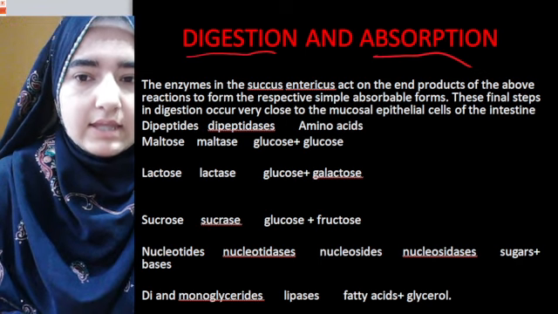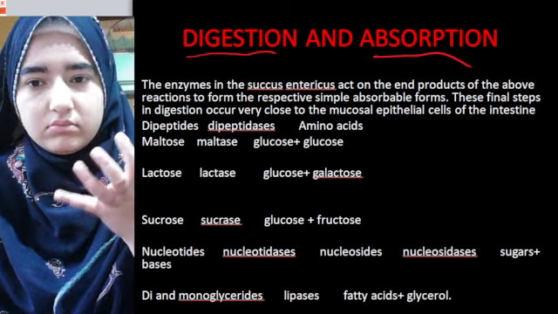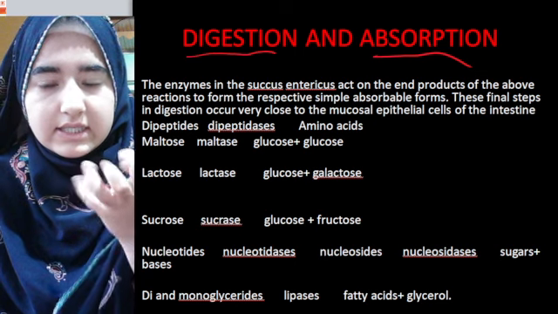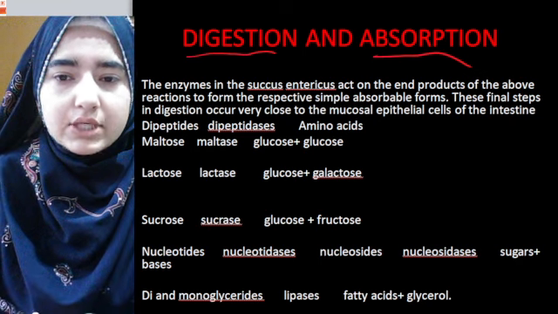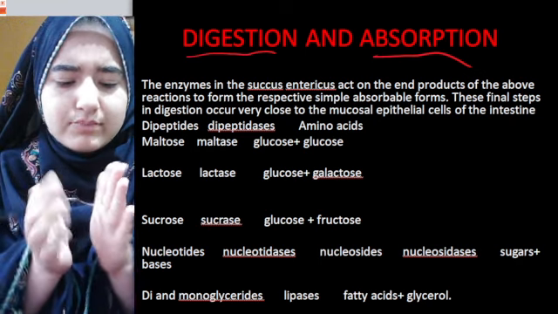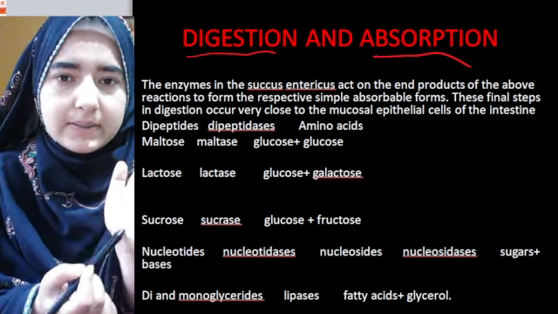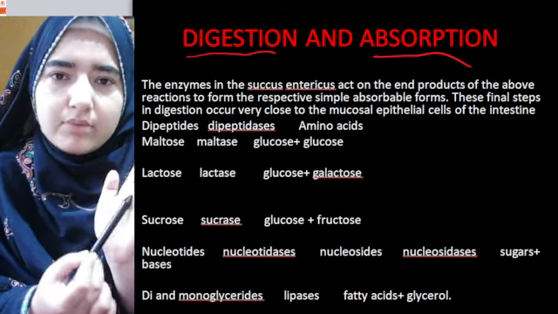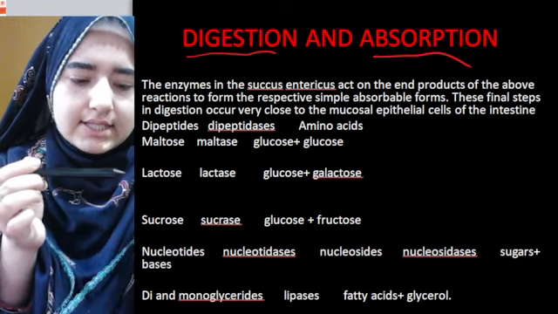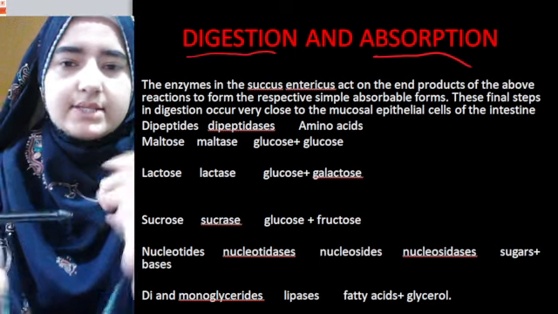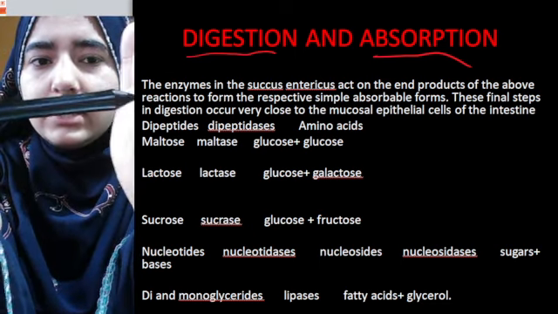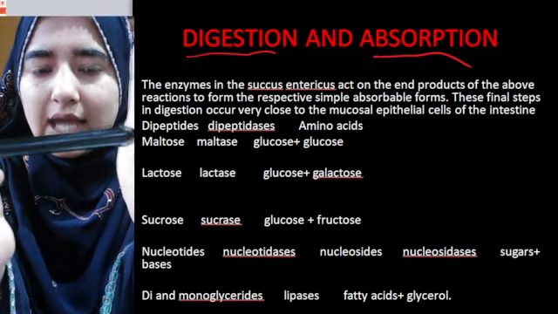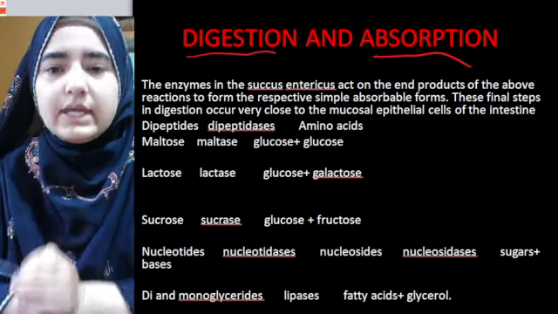Then these final steps of digestion, since it has to absorb, say for example this is intestine, it has to absorb the things. The distance won't be this much. It really needs to be very close, so that the absorption will take place.